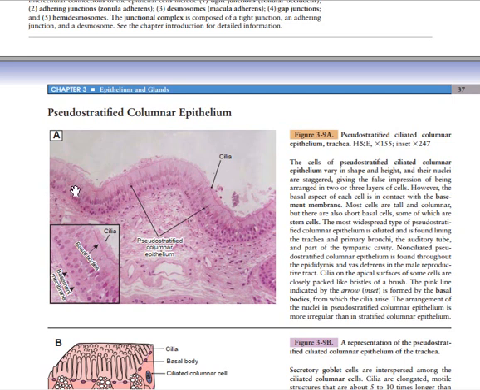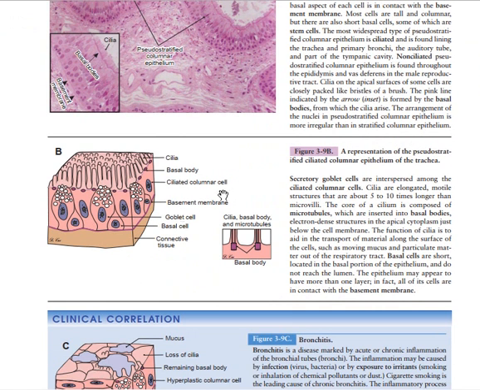So it may make you think of a stratified squamous epithelium, but this is not a stratified squamous epithelium, because if you increase the magnification, you can see that all the cytoplasm is connected with the lowermost part of the cell. Is it clear? So that is the pseudo-stratified columnar epithelium.